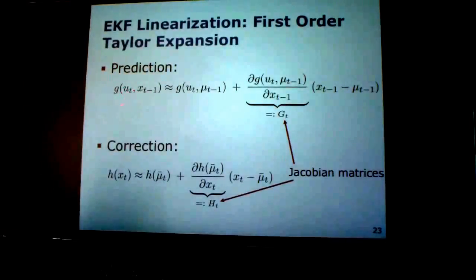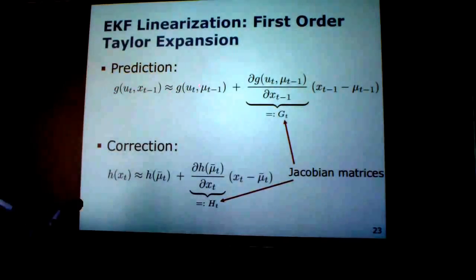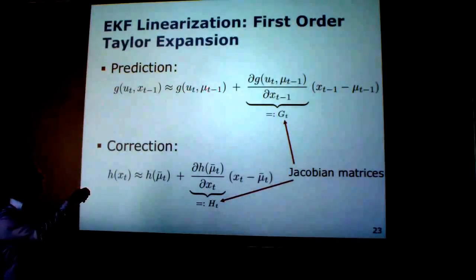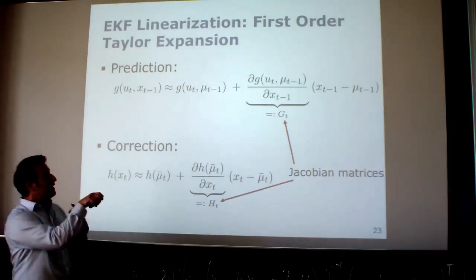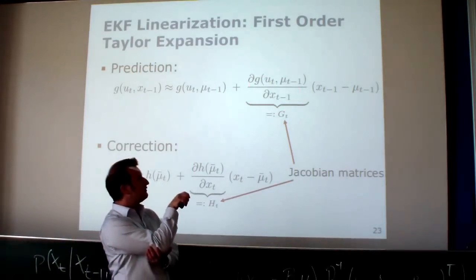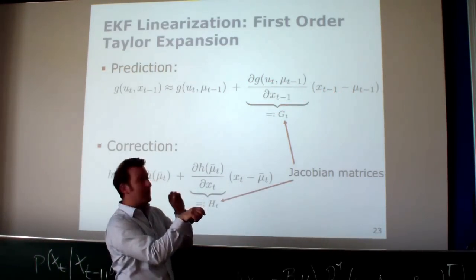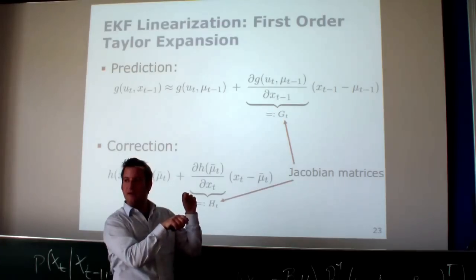Okay. So we can express this as the prediction step. We have our nonlinear function g, and we want to estimate the new pose x_t given x_{t-1} and u_t, the control command. We can say this is the function evaluated at the previous estimate we had, plus the first derivative, times the difference of how far I am away from my linearization point.